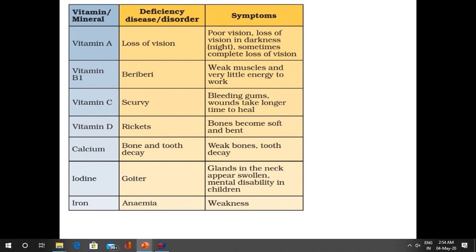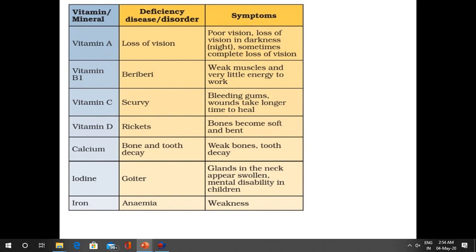For vitamin B1, remember that beriberi has two letters, B and B. So I remember that because of vitamin B1 deficiency, there is a disease which starts with B, called beriberi.